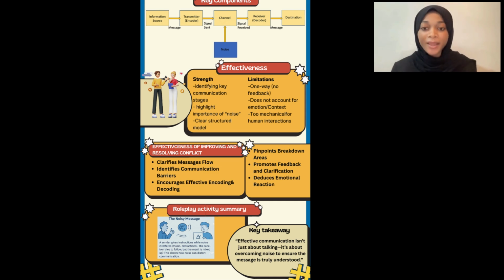But sometimes the doctor might use a lot of technical medical terms which the nurse might not fully understand. And so this type of problem is called semantic noise. It's when words or meanings are confusing even if there's no physical noise.